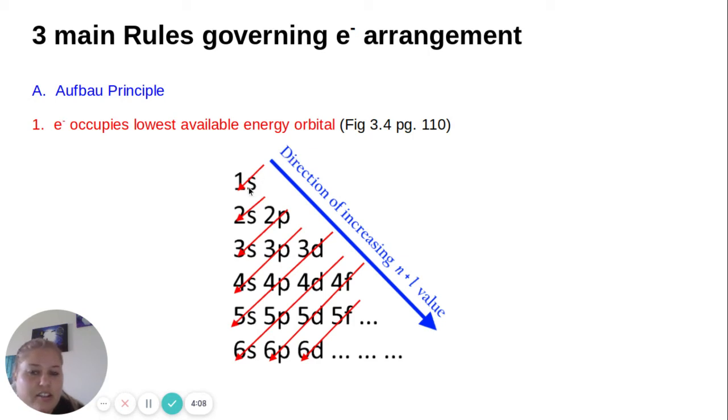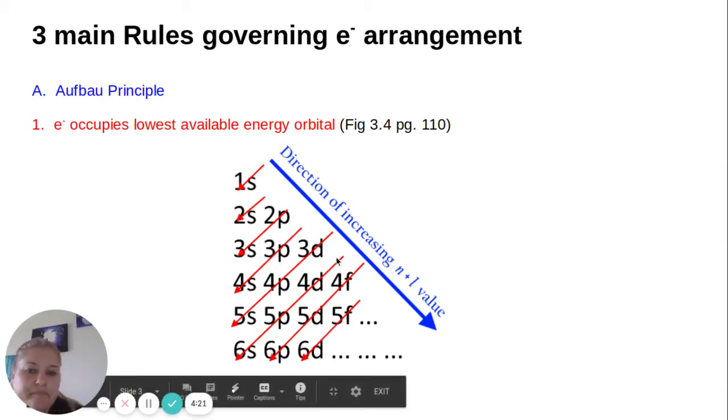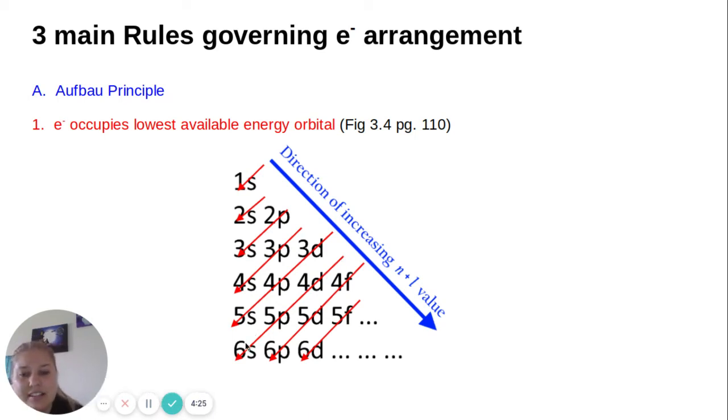You hit the lowest energy orbital first, then the second lowest, then the third lowest, and then the fourth, and so forth. I think it's easier just to use the periodic table, but that's what Aufbau's Principle is saying: the lowest energy orbital needs to be filled before you can move on to the next one.